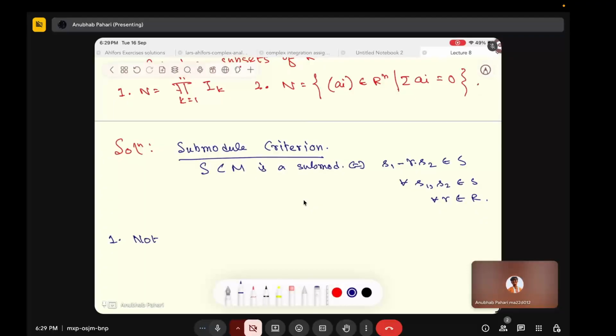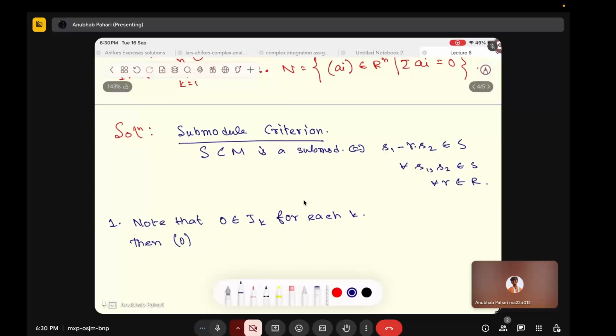So for part 1, let us look at the solution. Now note that 0 belongs to the submodule, the subring I_k for each k, right? Then 0 belongs to the product of I_k, hence the product of I_k is non-empty. At least 0 is there, right?